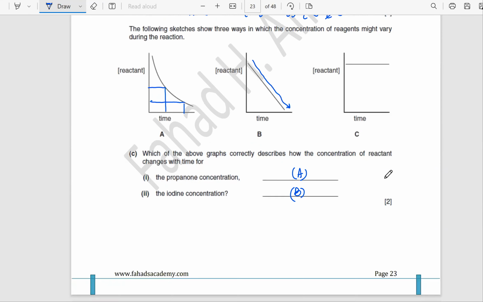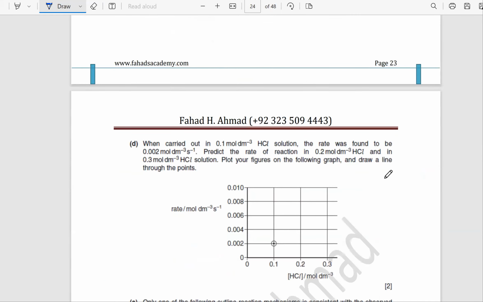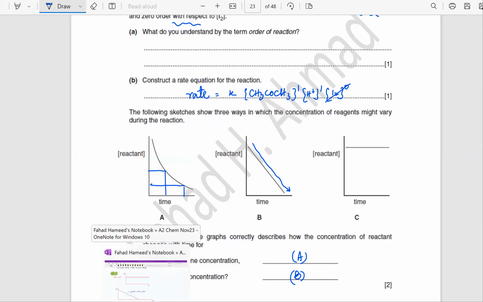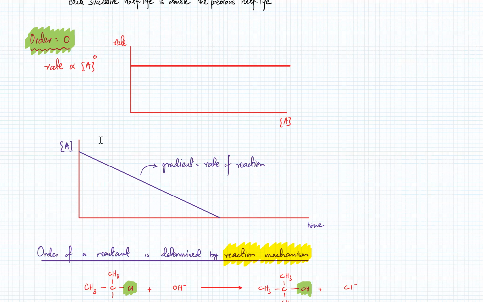Yes, sir. Yes. वो जो C वाला graph था ना, there are actually 2 types of graphs. ठीक है. One is you measure the concentration of a reactant with respect to time as the reaction proceeds. That's one type of graph.